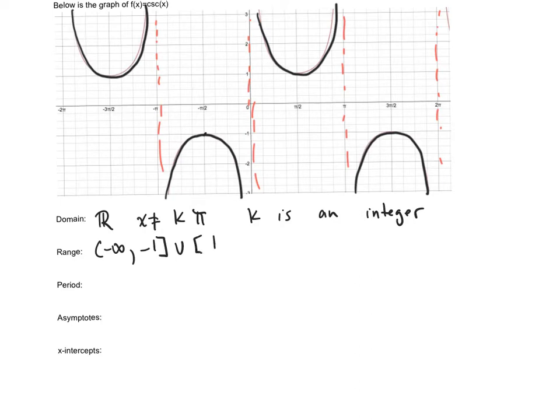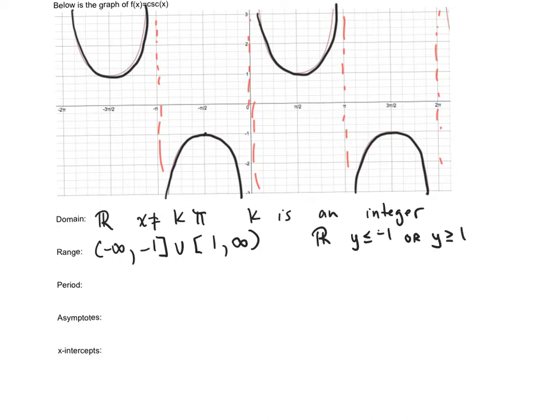So we say union, and then it starts up again, 1 to infinity. It's basically all the numbers except 1 to -1, and that's how we'd write it. If we want to write it in set builder notation, we could say all real numbers y less than or equal to -1, or y greater than or equal to 1.